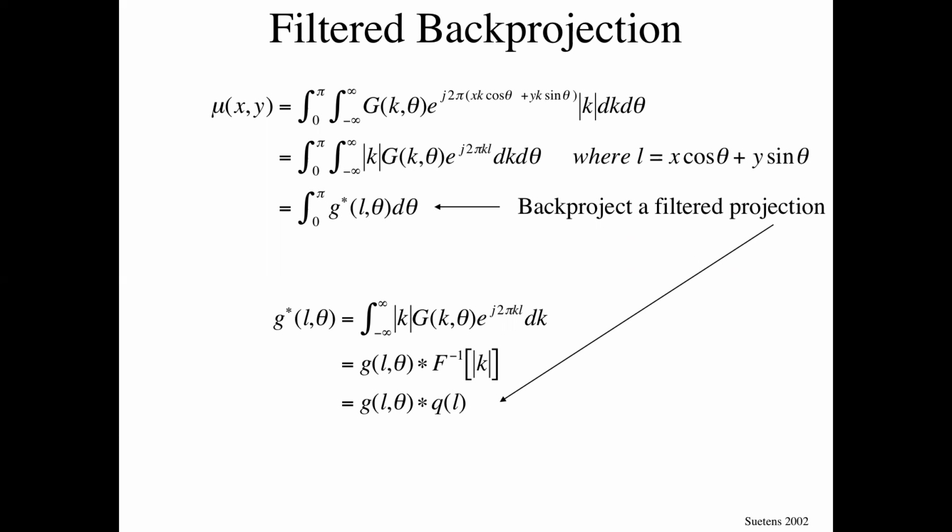So now instead of taking the inverse Fourier transform of just the Fourier transform of the projection, we multiply by k first, and take the inverse Fourier transform of that. And that's going to give us this function, which is different than our original projection.